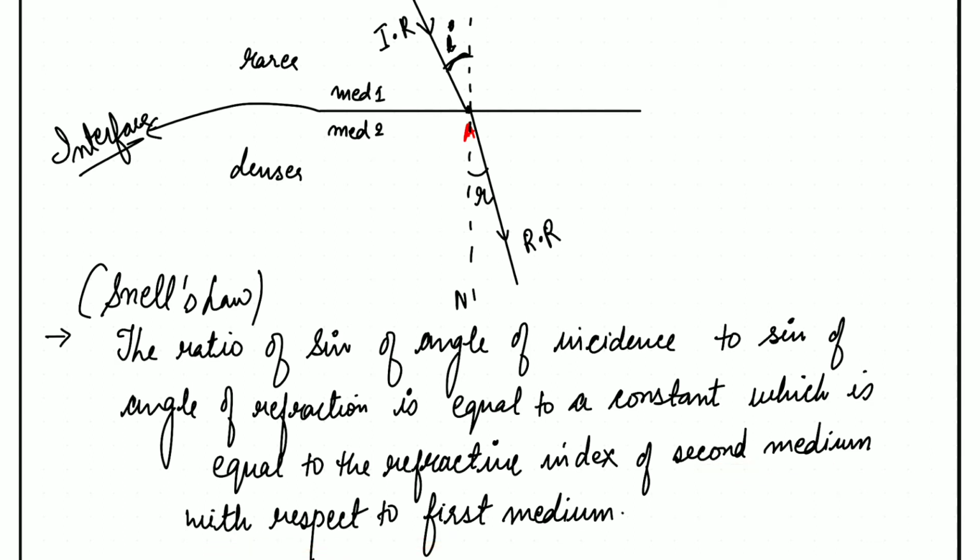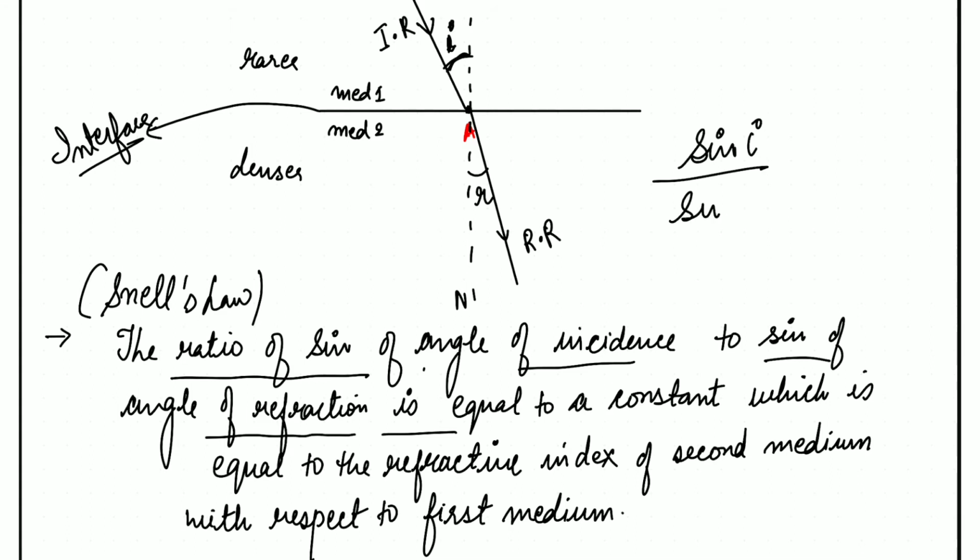So the ratio of sine of angle of incidence to sine of angle of refraction, that is sine i upon sine r.